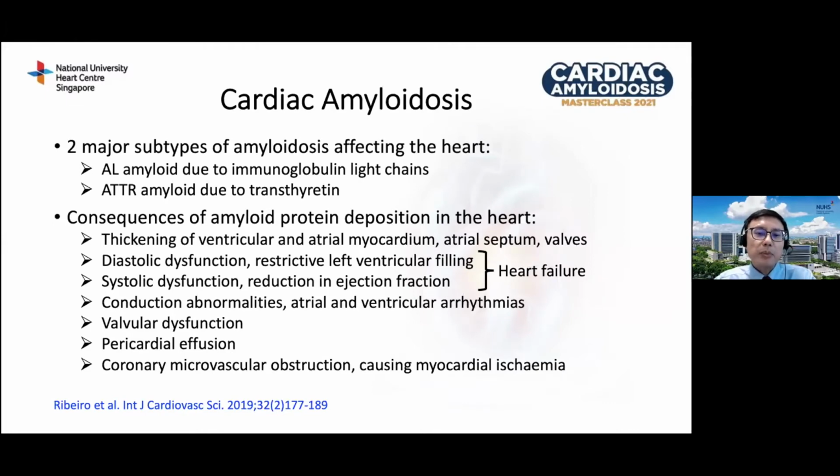The amyloid proteins can first cause diastolic dysfunction, resulting in restrictive left ventricular filling and increase in filling pressures, as well as systolic dysfunction later on with reduction in ejection fraction. Both these abnormalities lead to heart failure. There are also conduction abnormalities, arrhythmias, valvular dysfunction, pericardial effusion, and importantly also coronary microvascular obstruction causing myocardial ischemia.